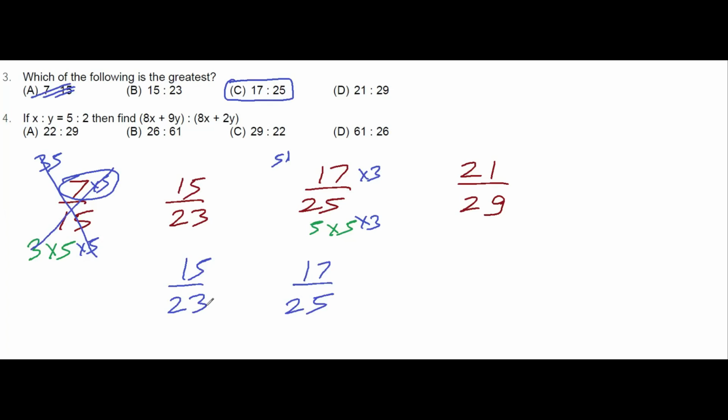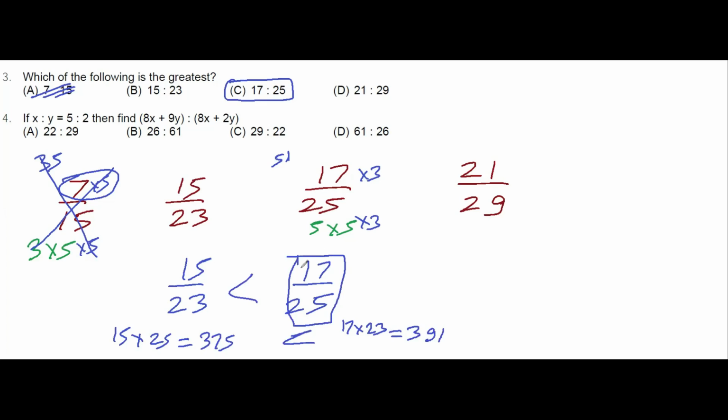So 15 into 25, that will give me what? And here 17 into 23. So when I do 15 into 25, I'll get 375. And when I do 17 into 23, I'll get 391. So 391 is greater. Okay, so I'm going to ignore this.